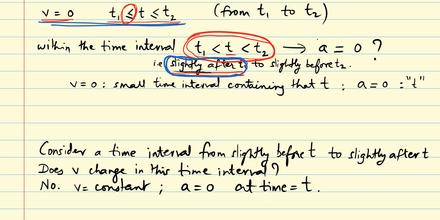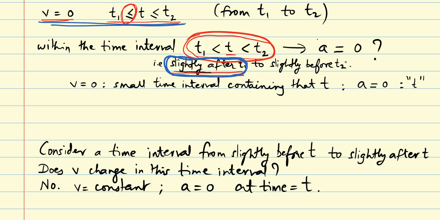Our time interval begins slightly after t1. So there is a small time interval containing the beginning of our time interval, during which the velocity is equal to 0 and hence constant. And that means that the acceleration is 0 even at the beginning of our time interval.